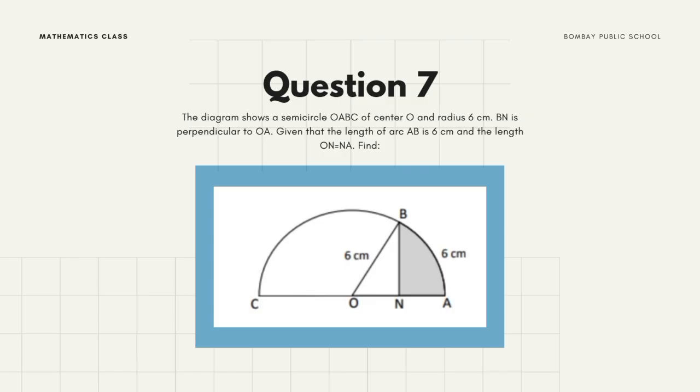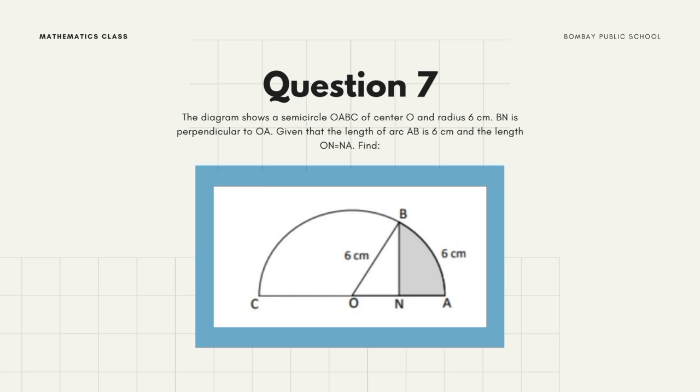Next, question number 7. The diagram shows a semicircle OABC with center O and radius 6 cm. BN is perpendicular to OA.